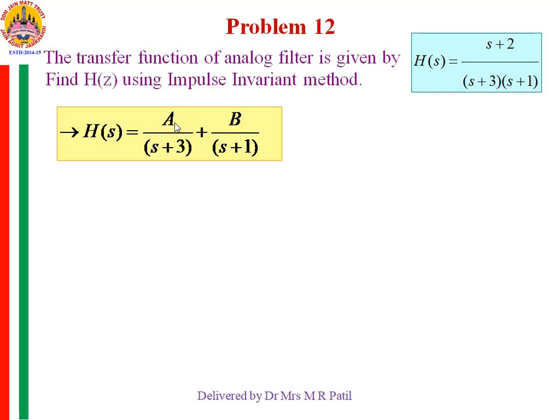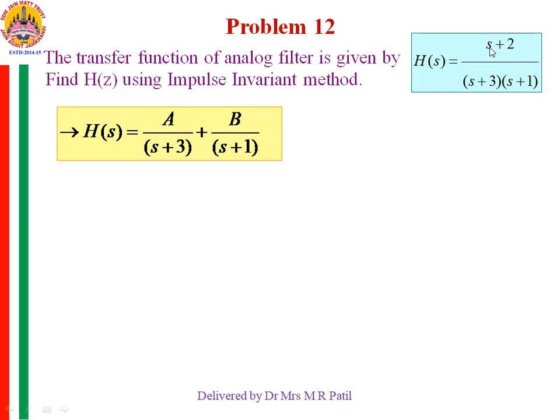To find A, we multiply H of s by (s plus 3) and then substitute s equal to minus 3. So the (s plus 3) terms cancel and you remain with (s plus 2) by (s plus 1).